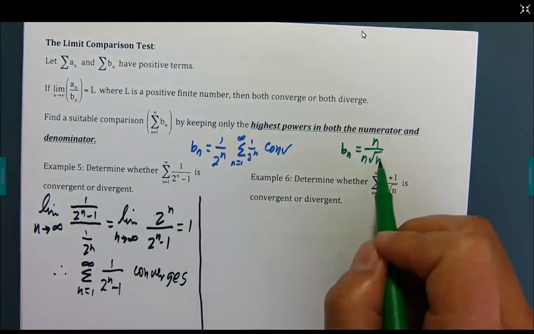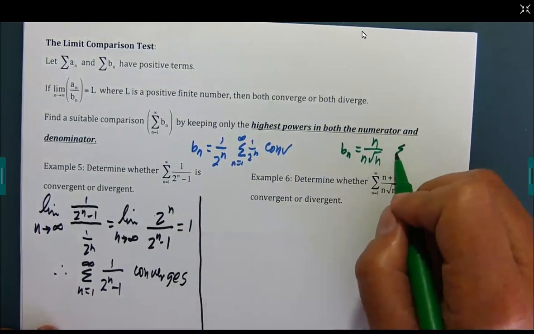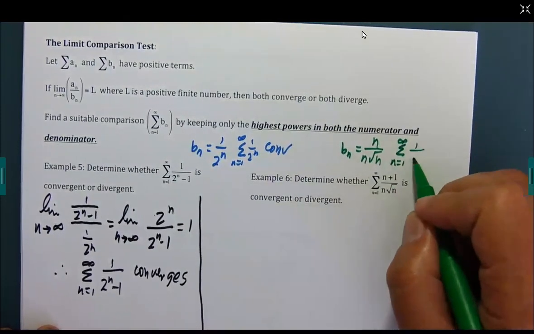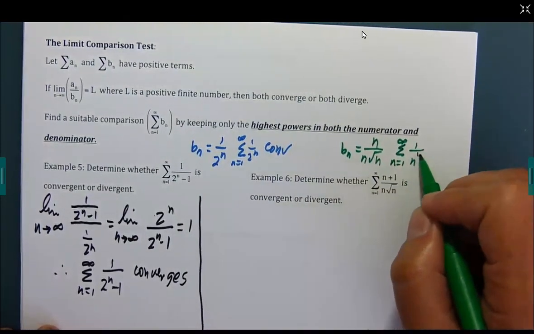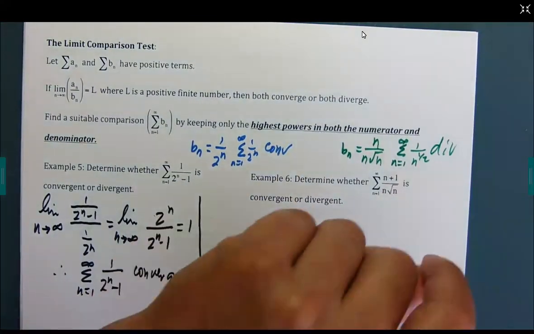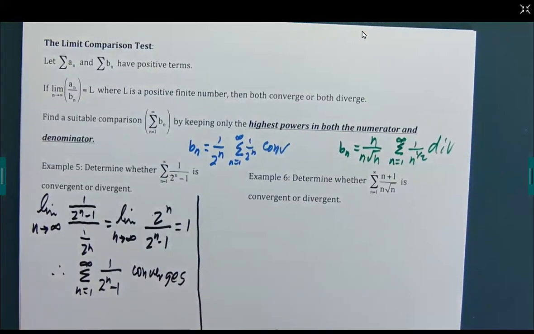I'm going to actually compare it to that, and I'll show you why here in just a second. But we know that when we do drop those, we get 1 over n to the 1/2, the square root of n, that diverges because this is a p-series and p is 1/2, which is less than 1. So what we're going to compare this one to is divergent.